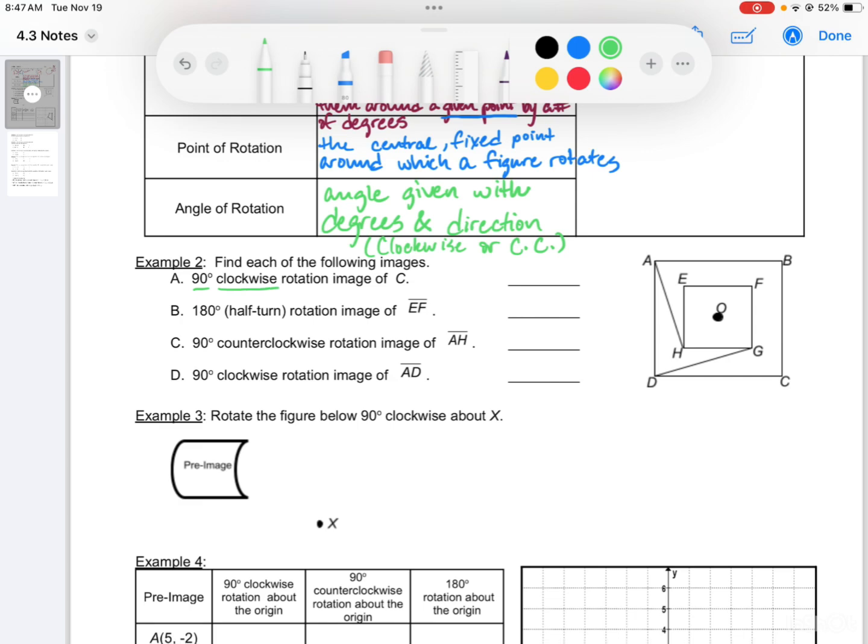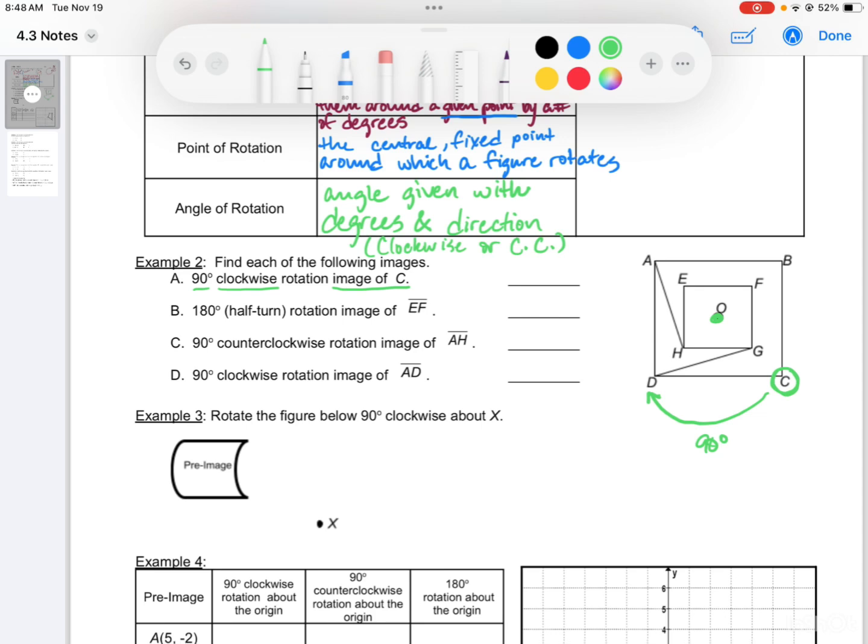It says first to find the 90-degree clockwise rotation of image C. As we're looking at image C, we would take our center point and take our image clockwise, like you're going around the clock, 90 degrees.